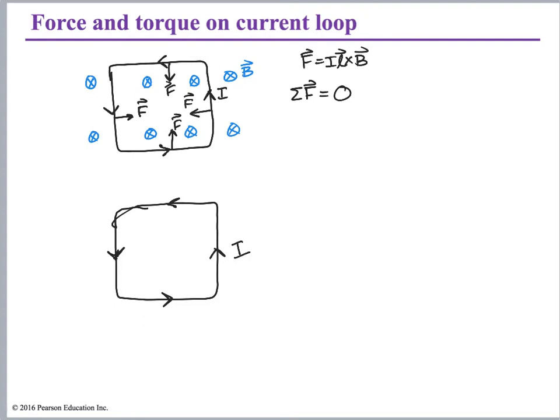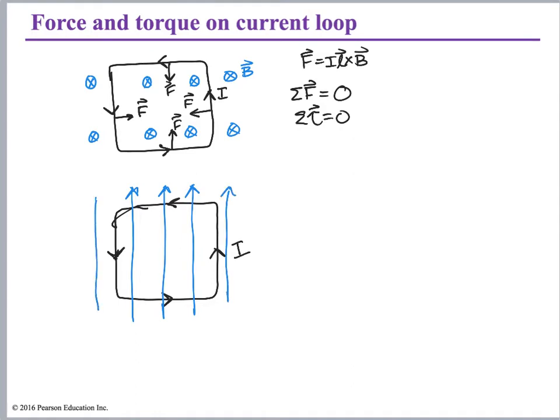The first one is where the magnetic field goes through the area of the loop, and we found that there was no torque. In the other one, we're going to say, what if the magnetic field is in the plane of the loop? And so we're going to see what the result is there. Keep in mind that this magnetic field could have pointed in a couple different directions, but I just chose one, and that's the one we'll work with.